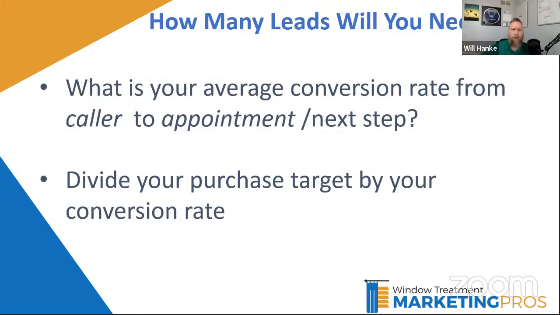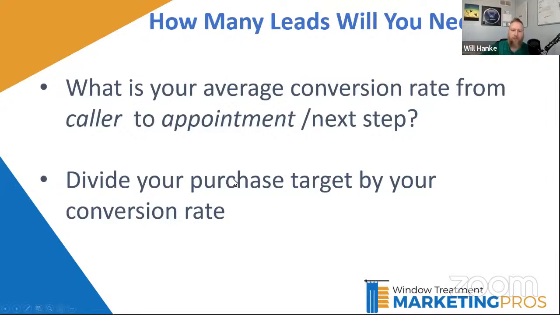A lot of people don't know their average conversion rate. A lot of people think, if I can get somebody on the phone, I'm going to close them every single time. That's probably not true. Your average conversion rate is probably not 100%. But it could be 60, 70, 80, depending on, obviously, a lot of factors, how they found you, how warm they are, things like that. But you should be able to figure out an average conversion rate.